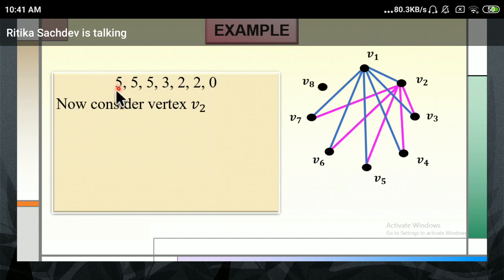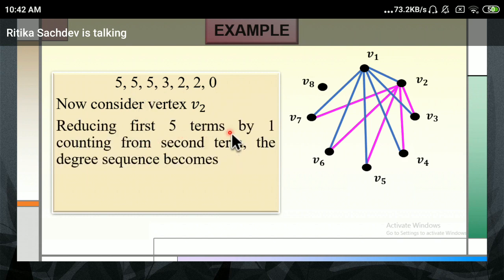Once I have finished drawing 5 more edges, I have to subtract 1 from the second term onwards. So reducing the first 5 terms by 1, counting from the second term, I will get 4, 4, 2, 1, 1, and 0. Is this point clear? What did I do?